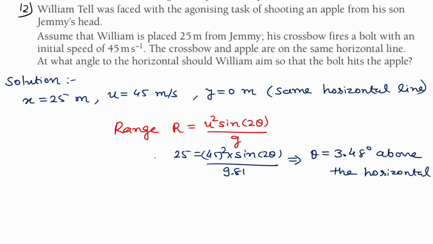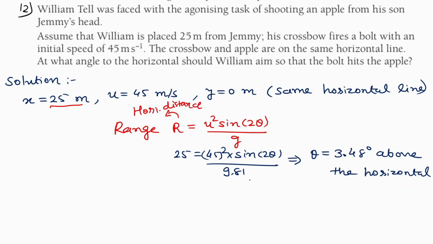The range formula says u squared sine 2 theta upon g. So we have u here, 45 meters per second. We need to find theta here. We know g and R. R here is 25 meters. R denotes the horizontal distance.